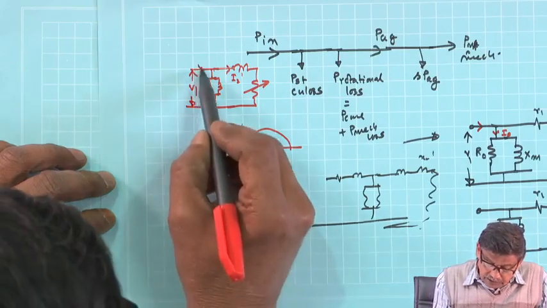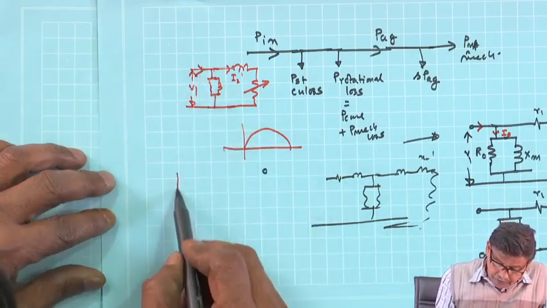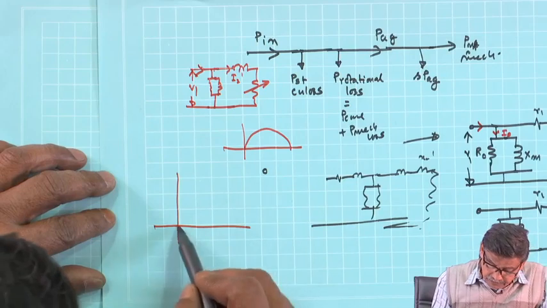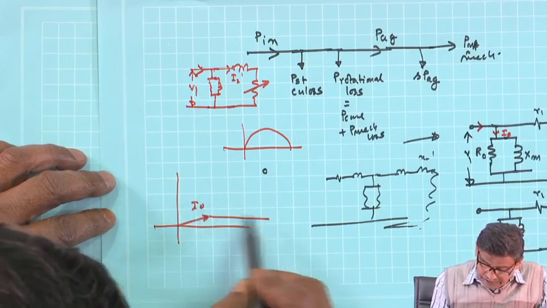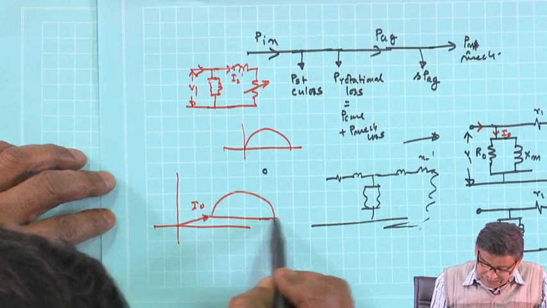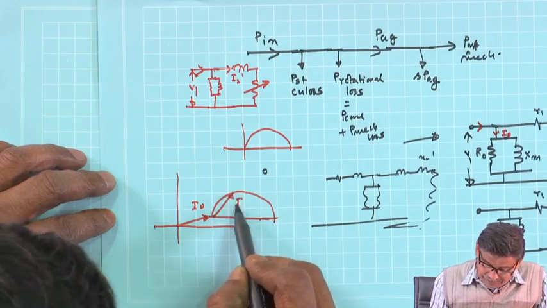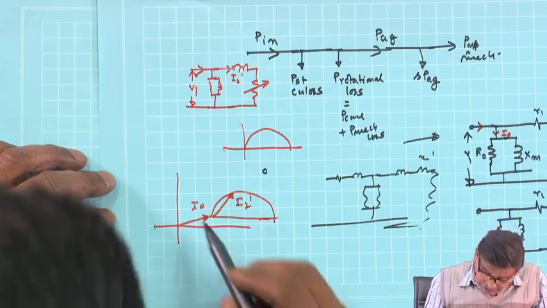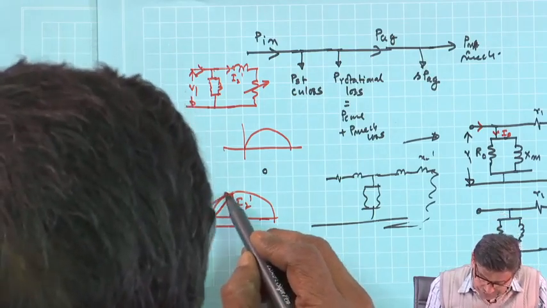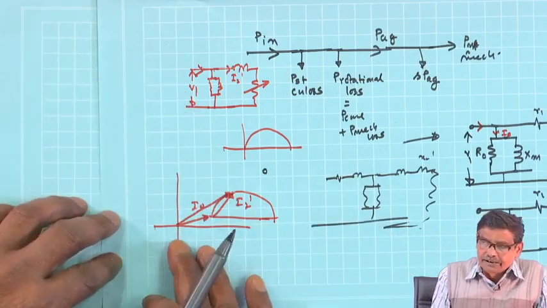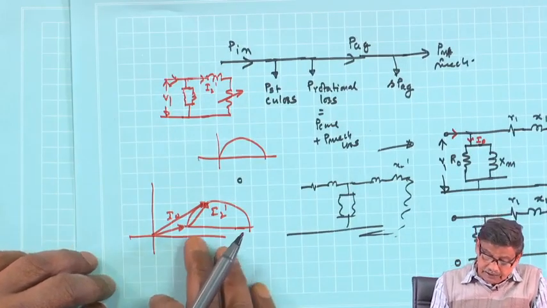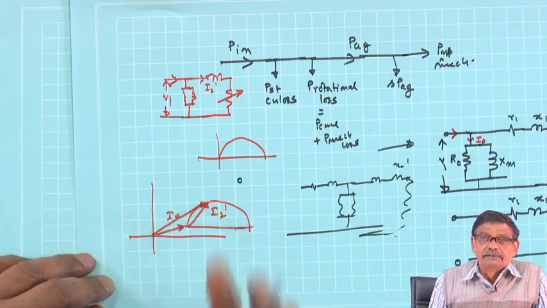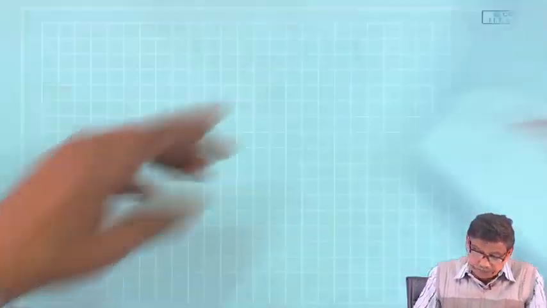Then the total current drawn from the supply will be this fixed current I naught, then this current is not I 2 dashed, so that the current drawn from the supply is this one. That is the idea. I mean, fixed current plus the reflected current, and let us go on, then we will understand.